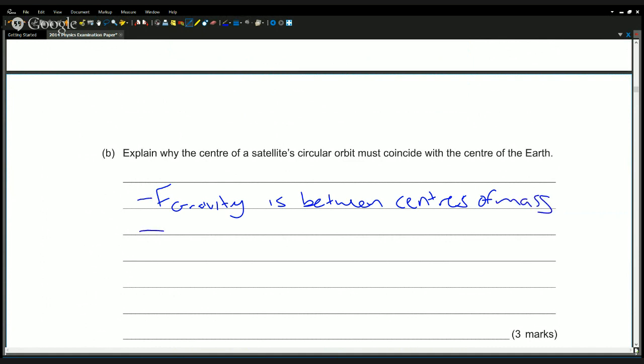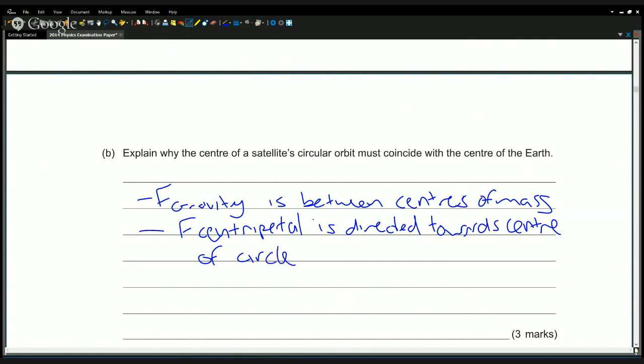Okay, first point. Second point, centripetal force is directed towards the center of the circular path.